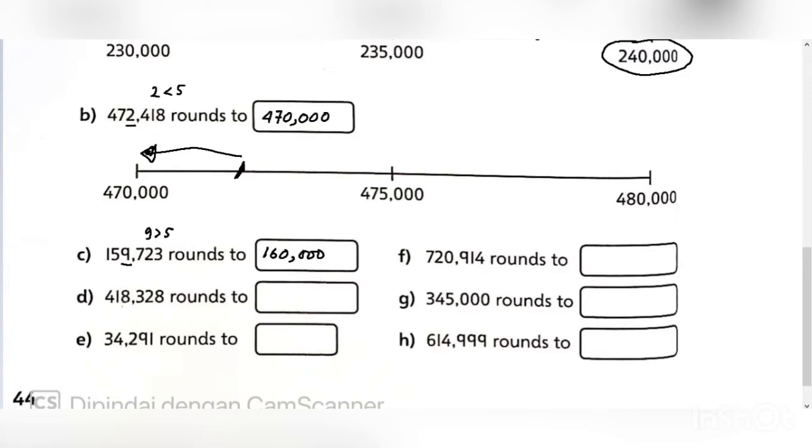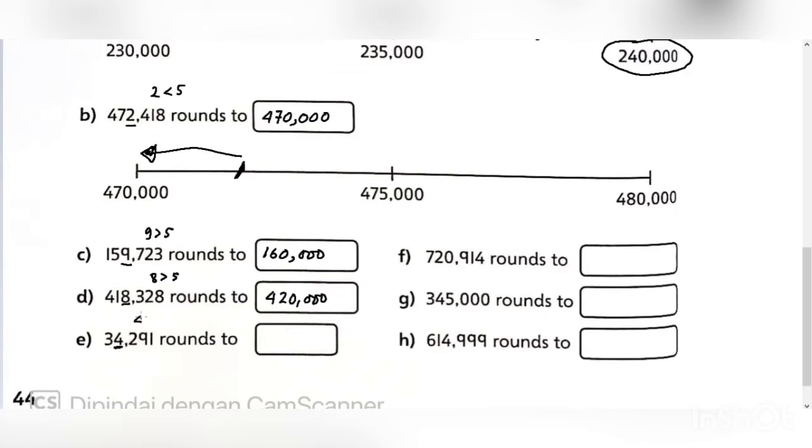Okay, the next one. We also need to see the 1,000. The 1,000 is 8. 8 is greater than 5. So we round 1 to become 2. So the answer is 420,000. Number E, we also need to see the 1,000.